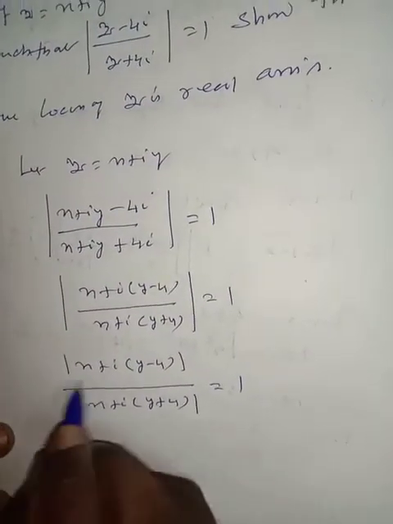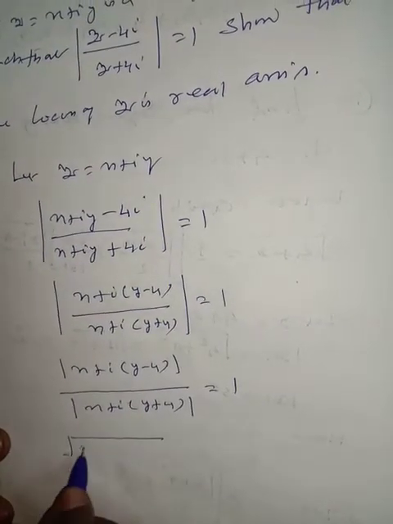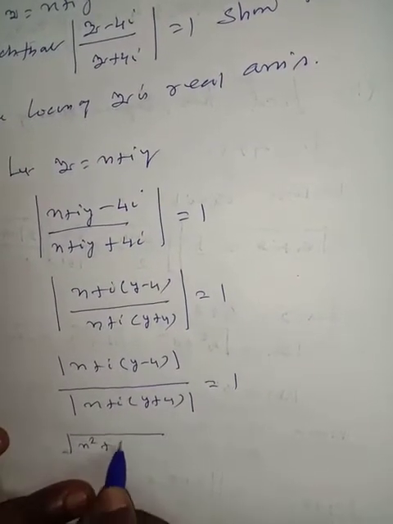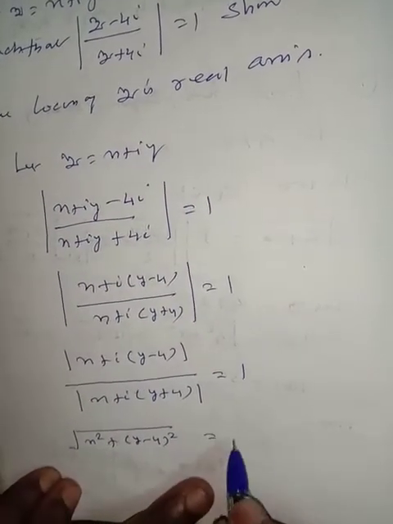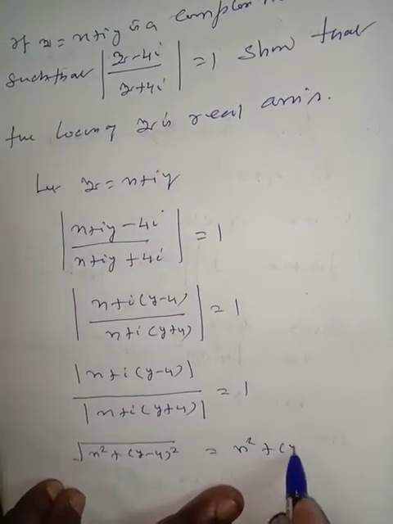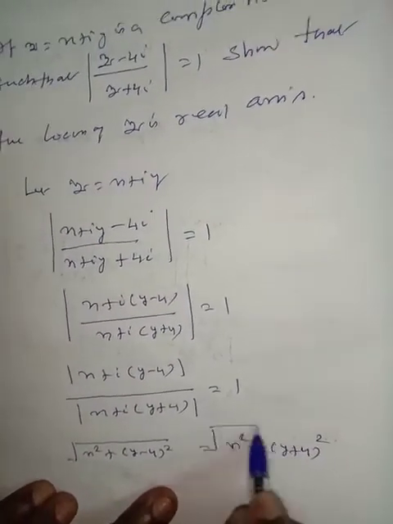Cross multiplying, we get the square root of x² + (y − 4)² equals the square root of x² + (y + 4)².